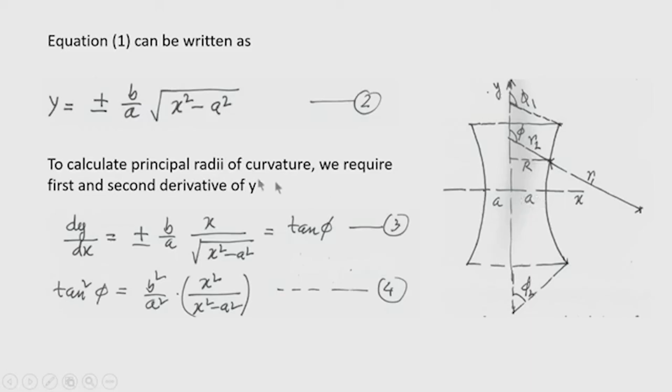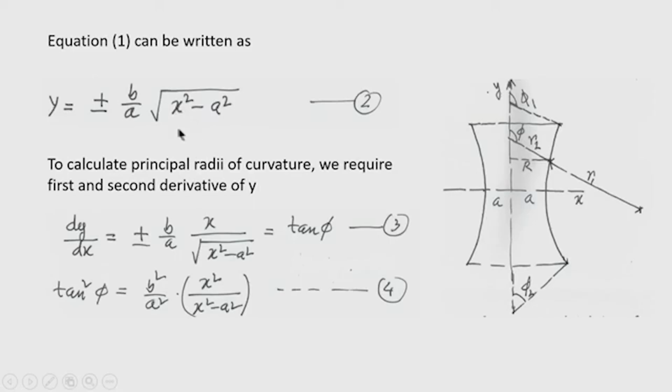Okay. So, differentiating equation number 2 with respect to x, we can find the slope. So, dy by dx can be obtained as b by a into half, x square minus a square raised to the power minus half, into 2x.